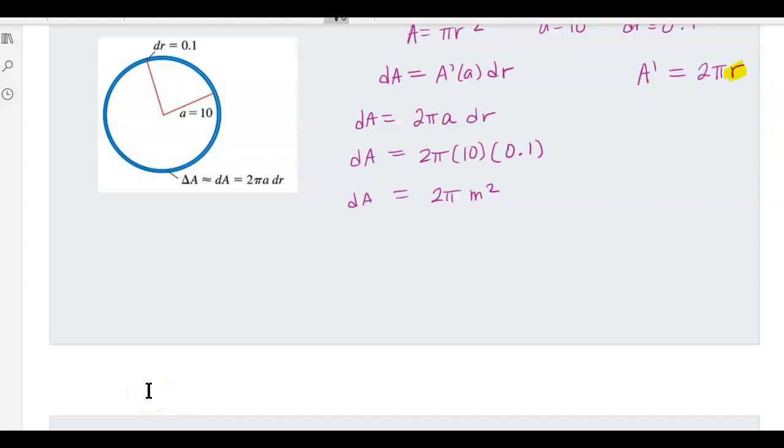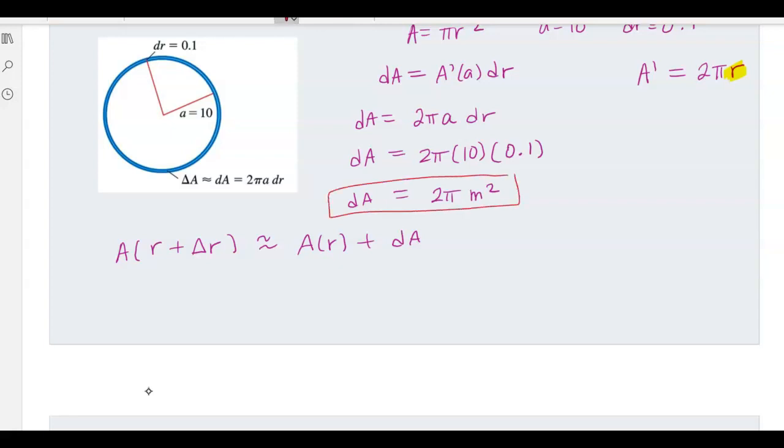So the area for the original radius plus the change in the radius is going to be approximately this. The area that we could calculate with 10 being the radius, and then this differential that we just calculated. We think that the estimate in the change, as the radius changes by 0.1, we think the estimate change for the area is going to be about 2 pi.